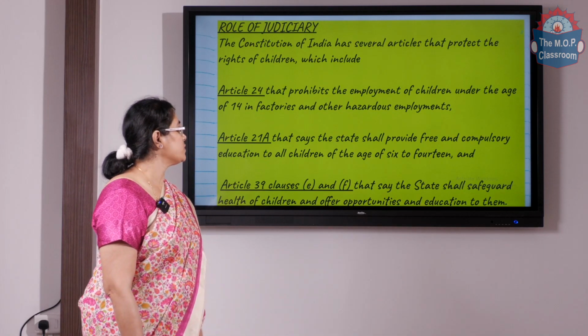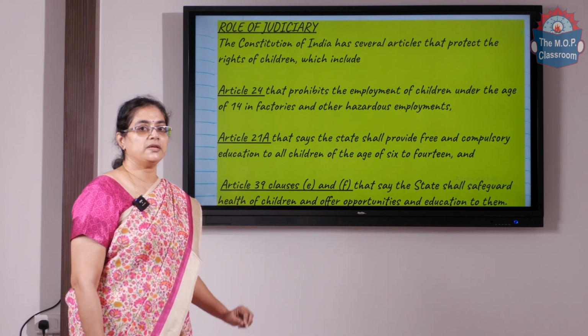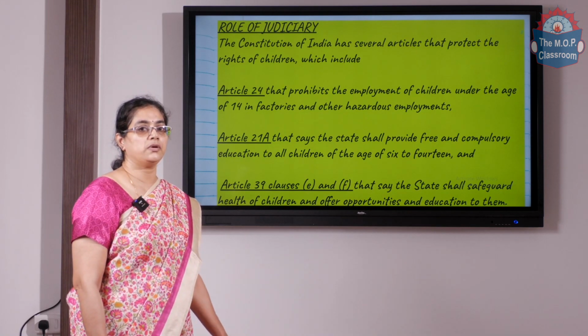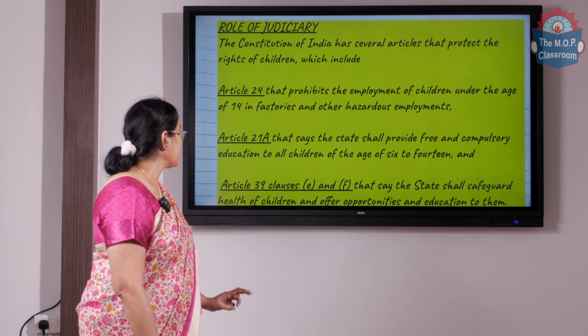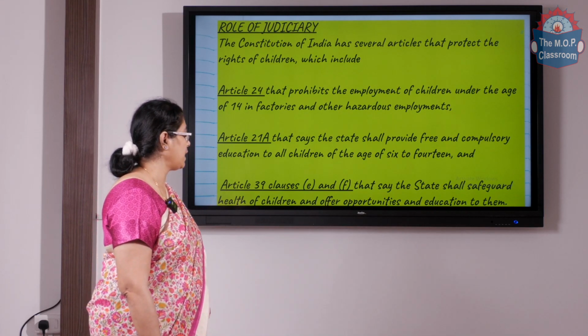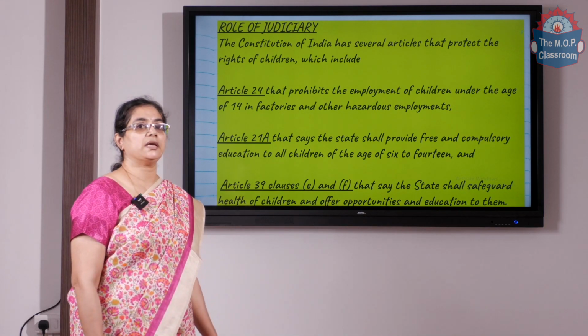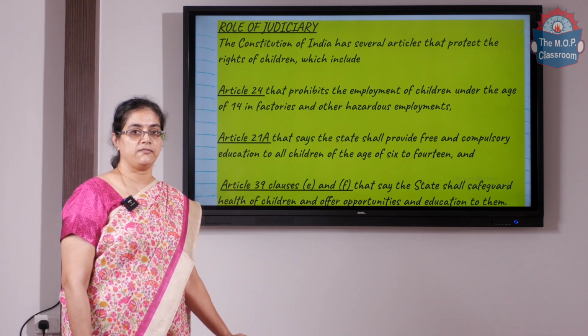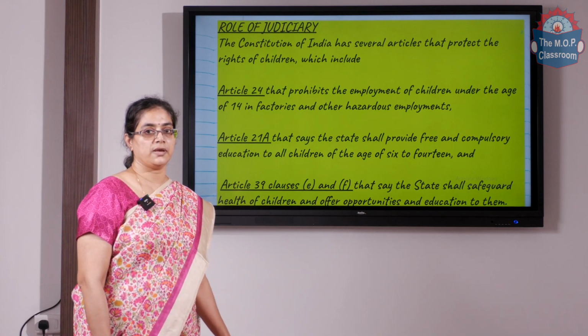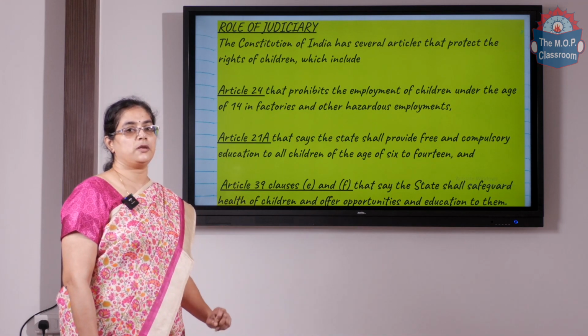Article 21A, which states that every state must compulsorily provide education to all children. And Article 39, Clause E and F says that every state has the responsibility to safeguard the interest of the children and to try and provide them education.